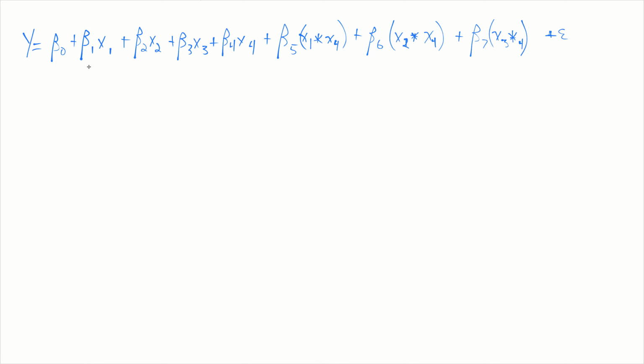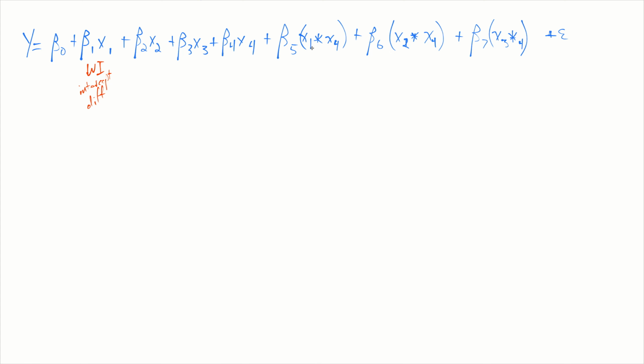So this would be Wisconsin, beta 1, the intercept difference from Illinois. And here we have x1, when x1 is 1 and x2 is 0 and x3 is 0, that's going to leave us just with the Wisconsin case.